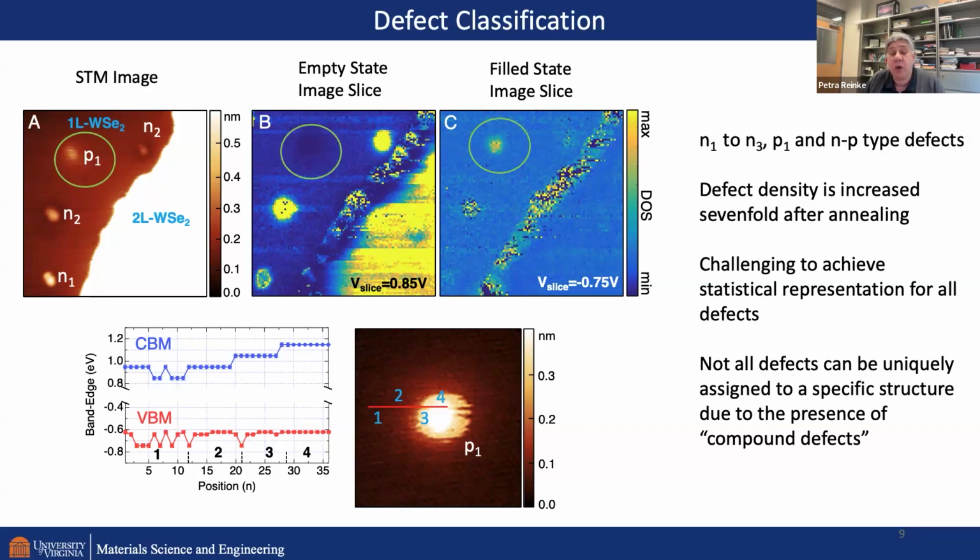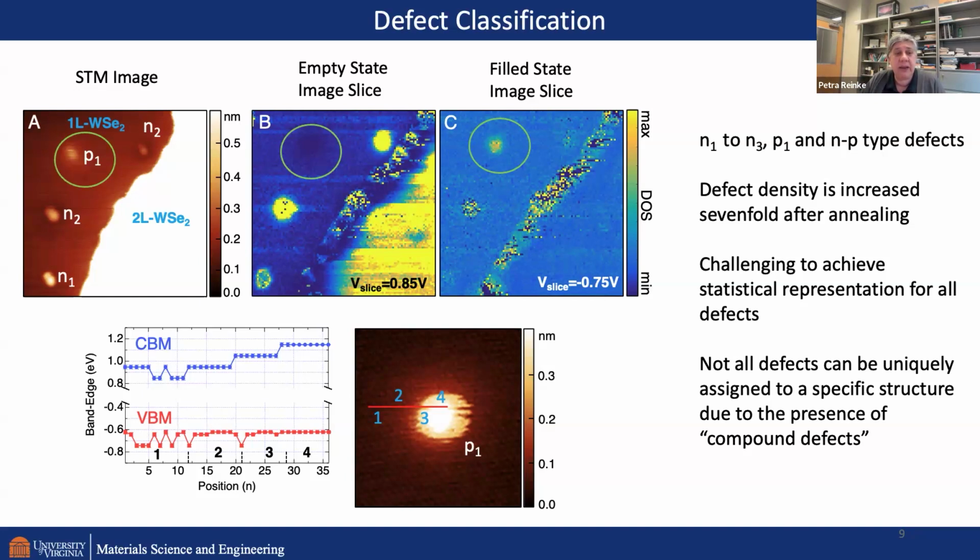You can do this for each one of the defects individually, and these images give you a very good idea about when does this defect contribute to the tunneling current and when does a defect stop contributing to the tunneling current. As to the question why the band gap increases for this one, this defect also shows in the STM image a deformation, so an increase in apparent height.